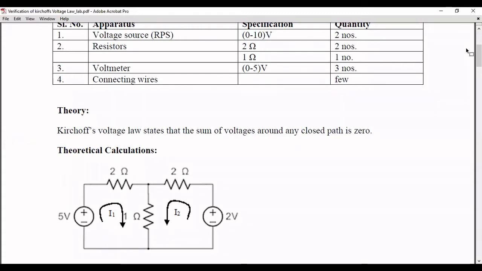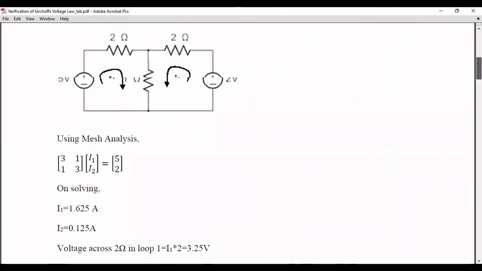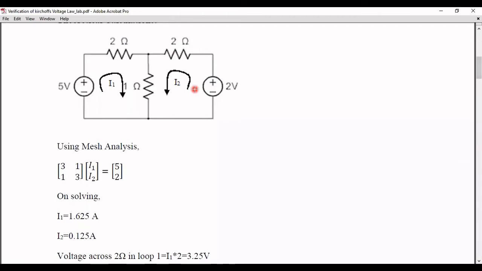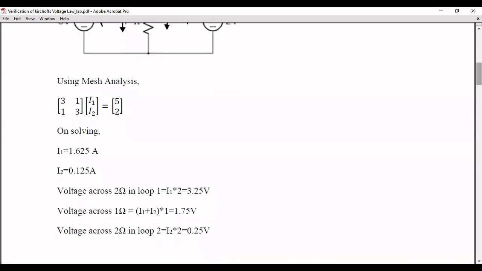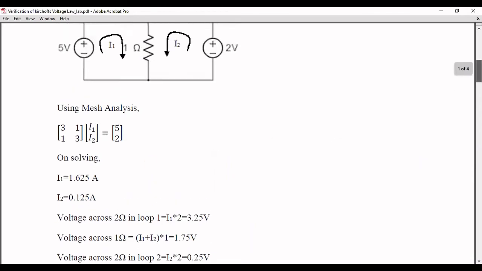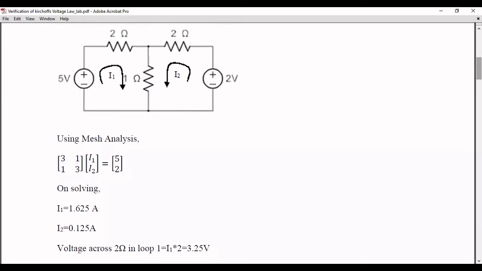So now the given circuit diagram is this. The same circuit diagram as we have taken in Kirchhoff's current law is taken. So two loops are considered and we found the loop currents I1, I2. Here the objective is to verify Kirchhoff's voltage law.